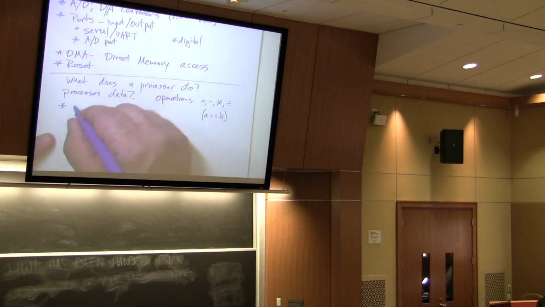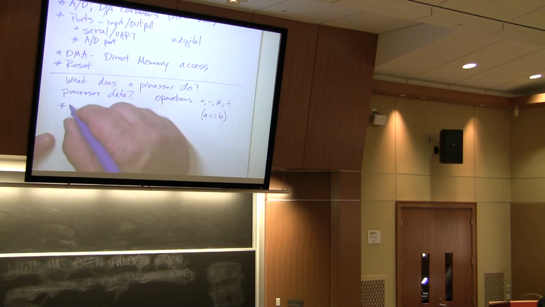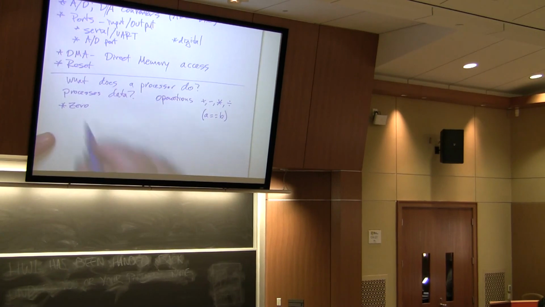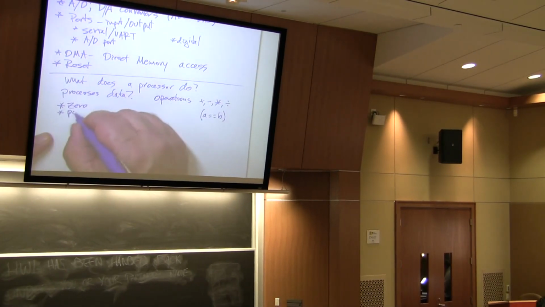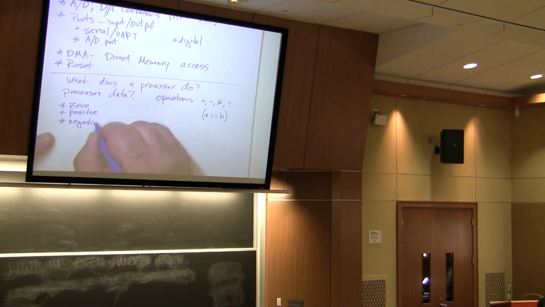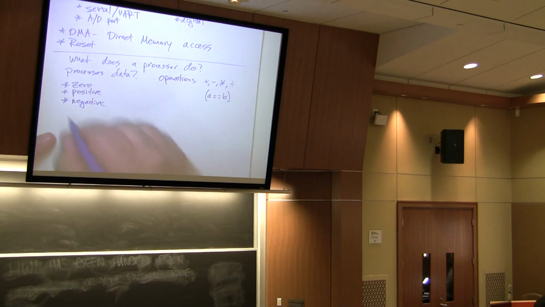Well, it needs to let it know, was it 0? Did the operation result in a 0? Or did the operation result in a positive? Or did it result in a negative? Or did it result in an overflow?